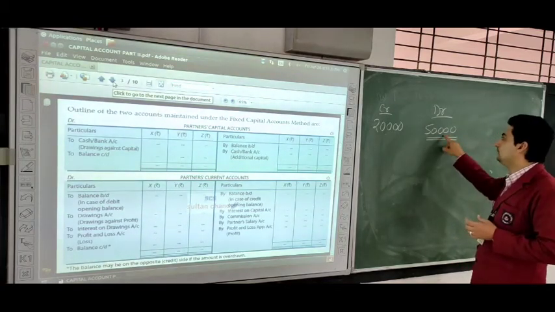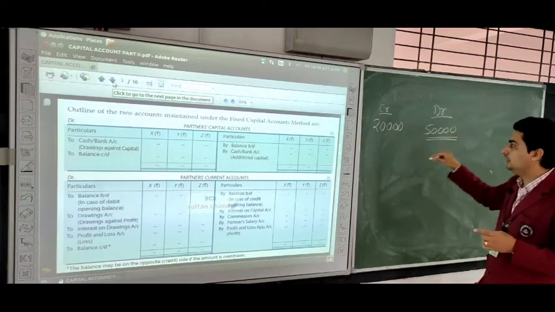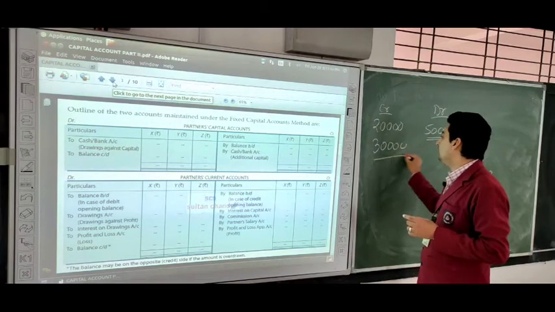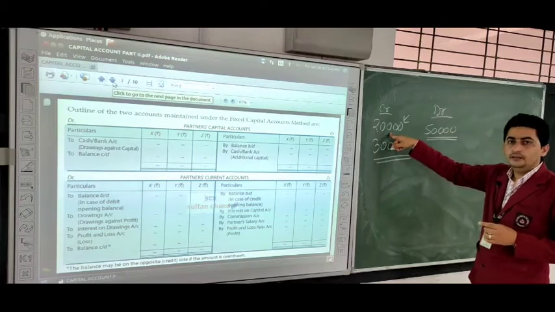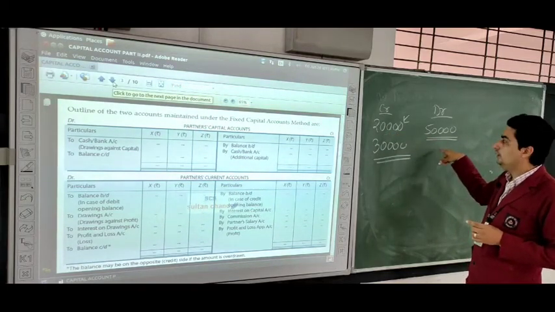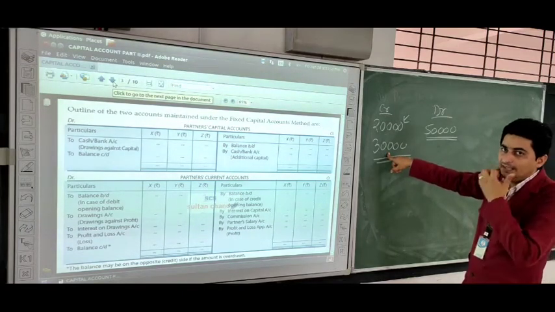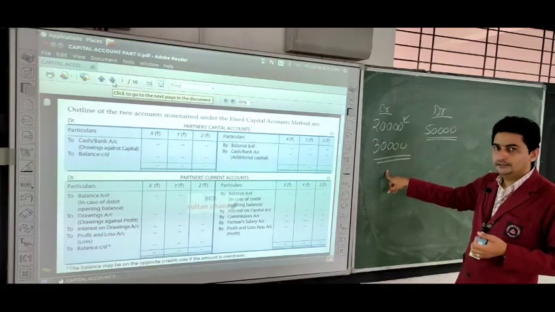So we will subtract 20,000 from 50,000. What will be the balance? 30,000. It will come in the column which has the lesser balance. So after deducting 20,000 from 50,000, we will write it on the credit side. 30,000 will be written on the credit side, because the credit side balance is less. It will be known as balance c/d.